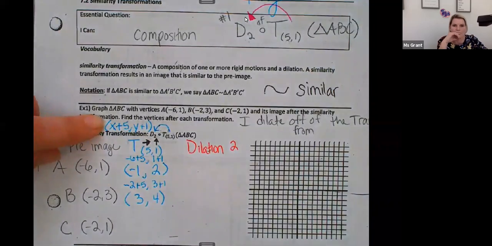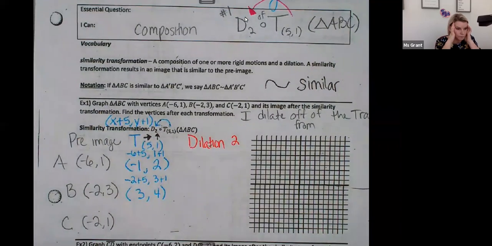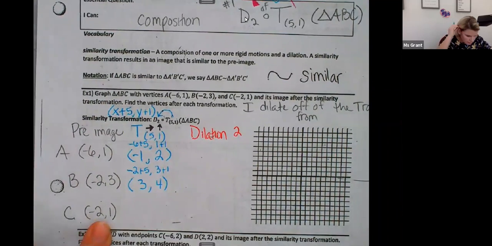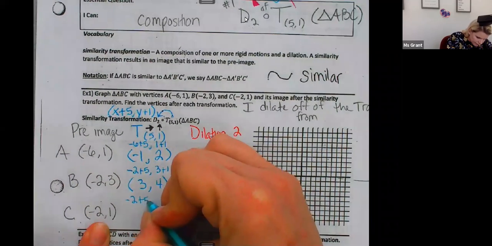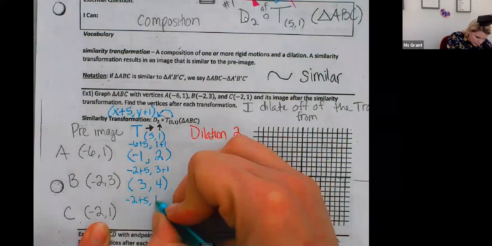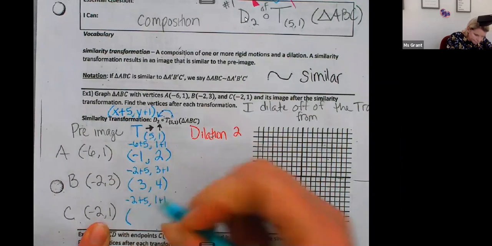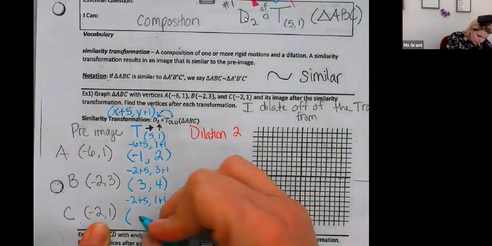Okay. So last ordered pair, C. -2 is my X. -2 plus 5, 1 plus 1. 3, comma, 2.